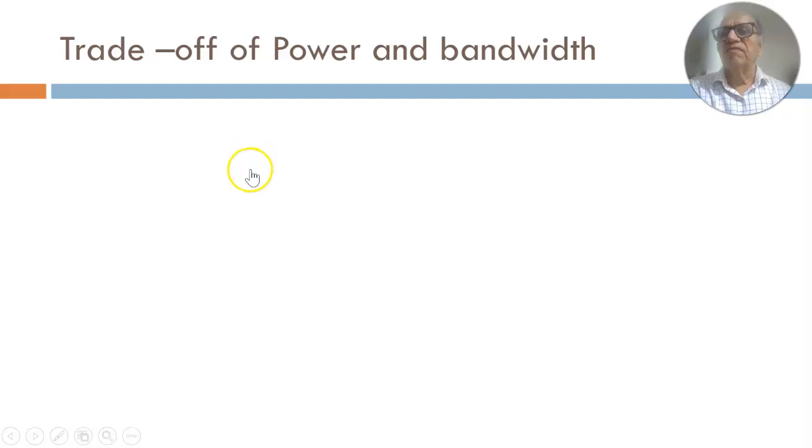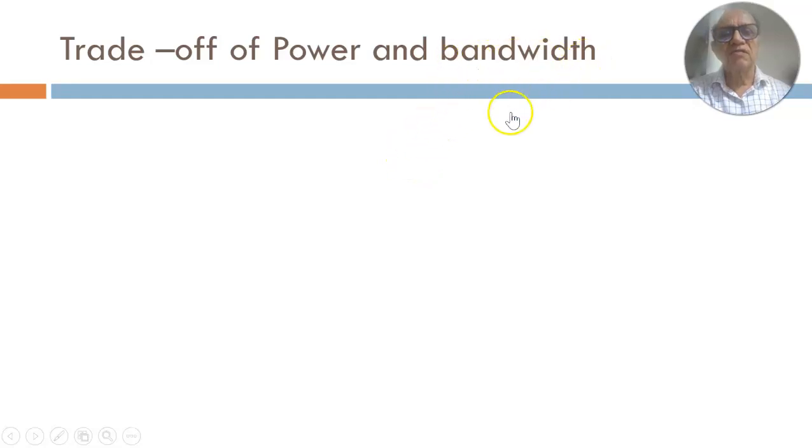Now, there is often a philosophy in digital communications, or communications in general, that is the trade-off of power and bandwidth. In order to control the noise performance, you have two resources available to you. Either power: increase the transmitted power so that the received power is more and your noise performance will improve.